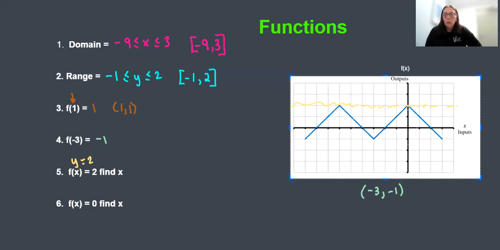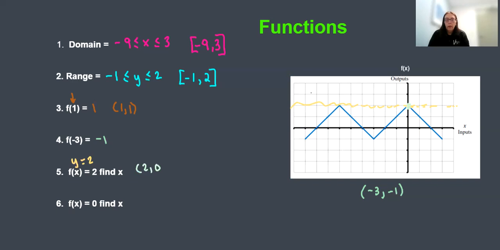So when y equals 2, I have two different values for x. I'm going to write them separately. When y equals 2, look at this one right here, x is 0.